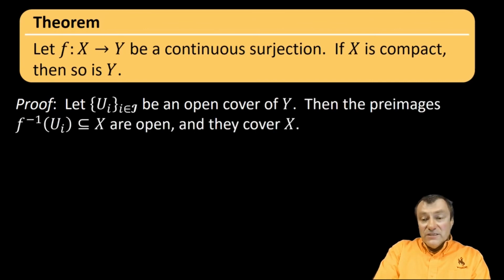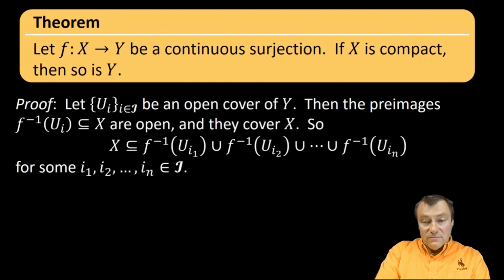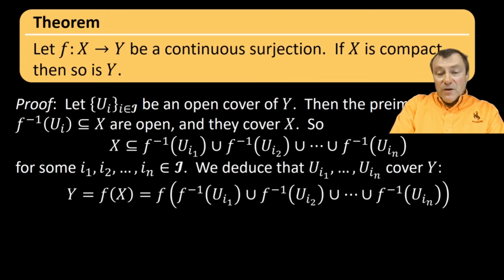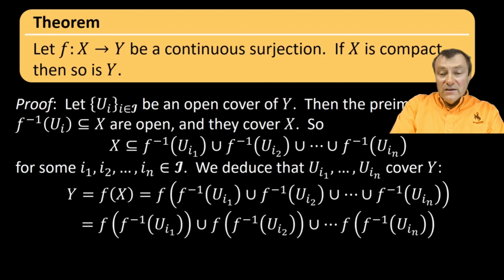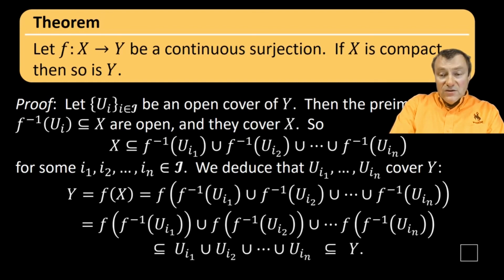Well, the preimages of the U_i's are open sets, since F is continuous, and they cover X. Since X is compact, it is covered by finitely many of these preimages, as shown. Just using basic properties of images and preimages as we highlighted earlier, we find that Y is given by this finite union of open sets, which is a finite subcover of the original cover.